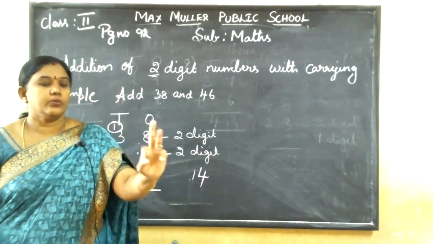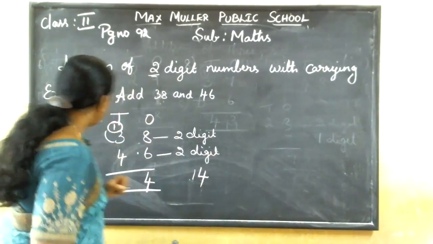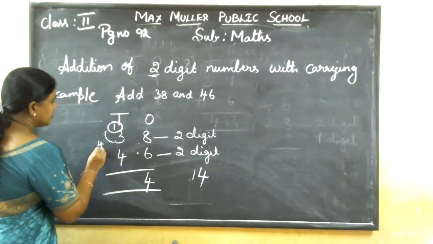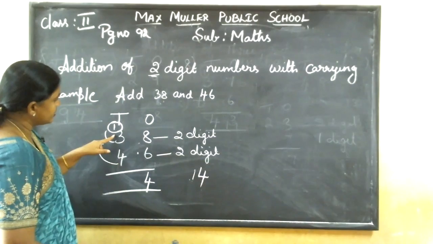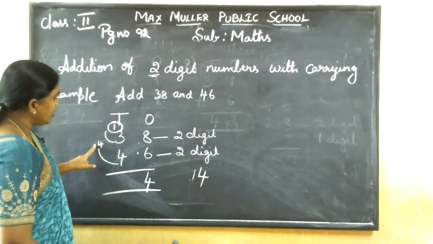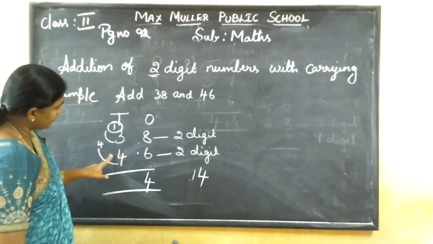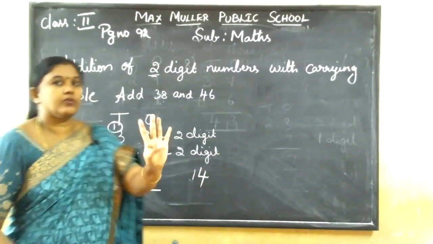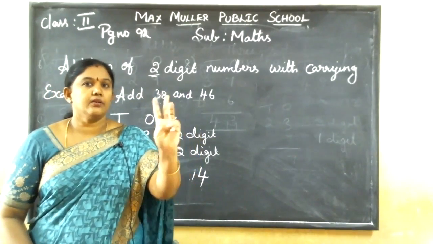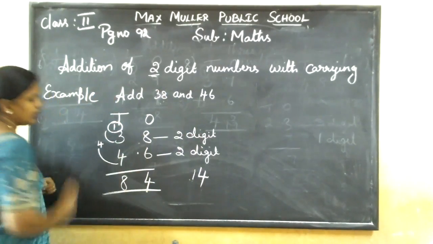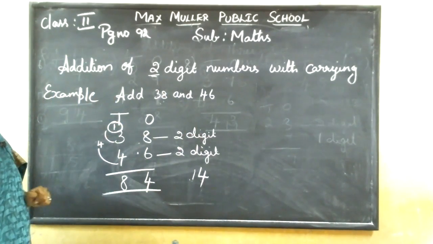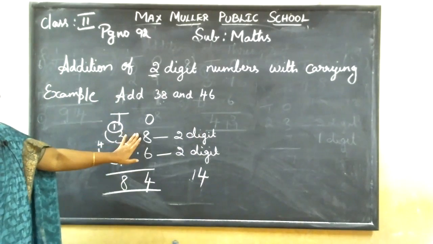After 1, 2, 3, 4. 4 you will get here. Now 4 in the mind. After this, if we add these 2, we will get 4. This 4 and this 4 we will add now. 4 in the mind, 4 in the finger. After 4, 5, 6, 7, 8. Understood children? 84.